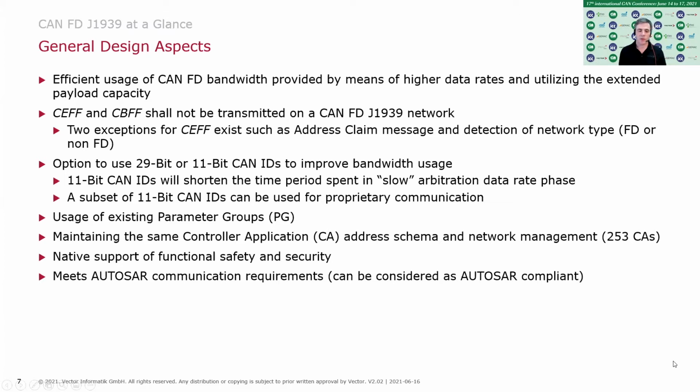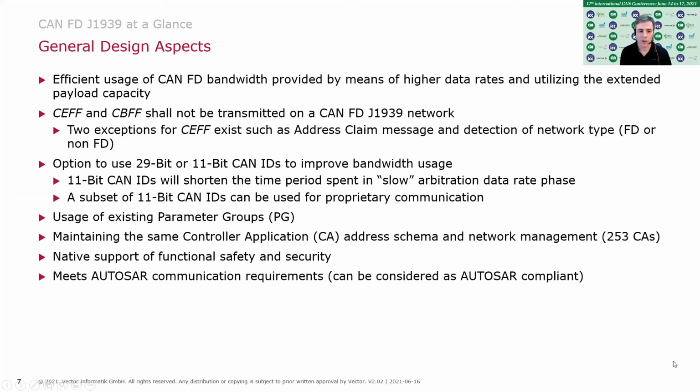Then there is a new option that comes along with CAN FD and the protocol improvements. Now you have a chance to use J1939 with 29-bit CAN identifiers or 11-bit CAN identifiers. It's not a one-to-one replacement. You will also learn later on about the details here. But the advantage of using 11-bit CAN IDs is that you can spend less time in the slow data rate, and you can shorten this phase by means of 11-bit CAN identifiers.